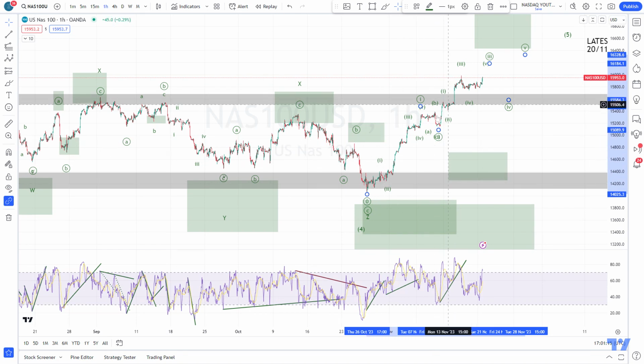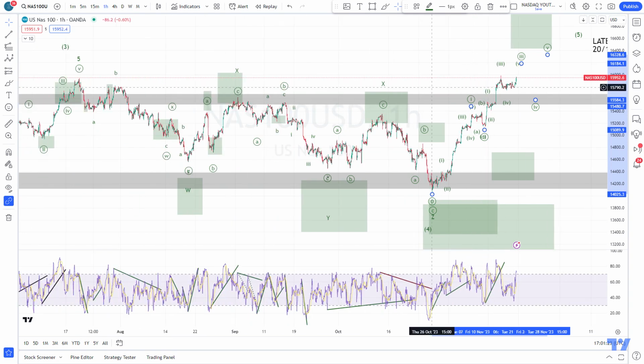The pullbacks are really shallow for the moment. Should you enter this kind of trades, might be risky, especially because we already fulfilled the minimum requirement, taking out here the wave 3 high.